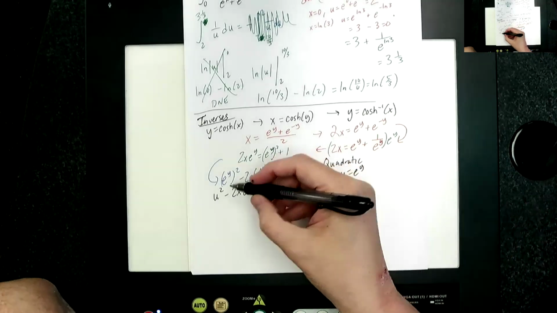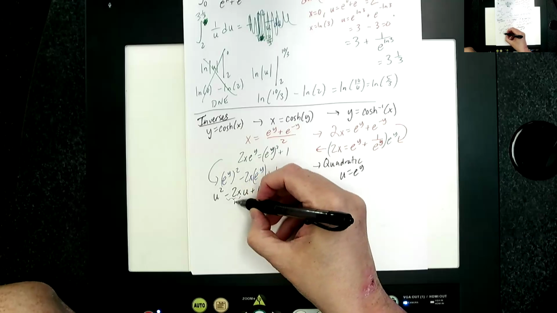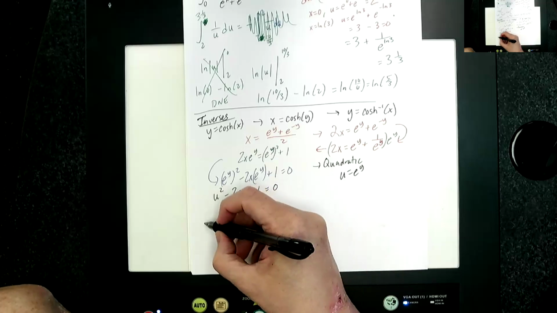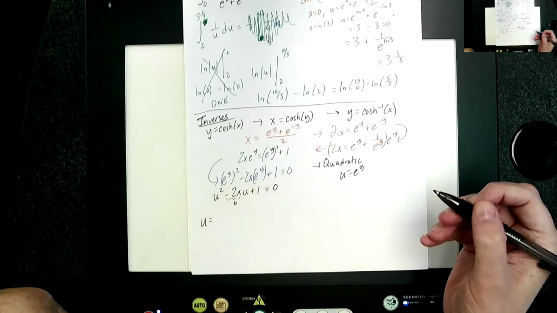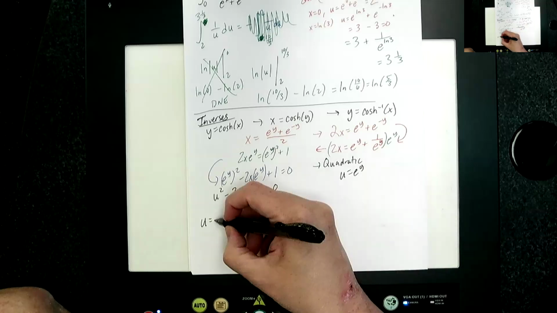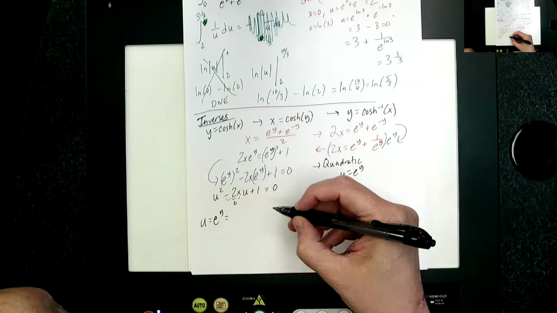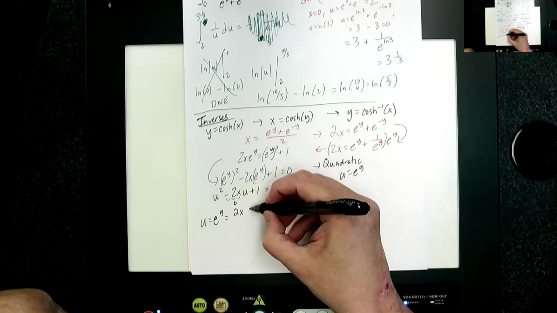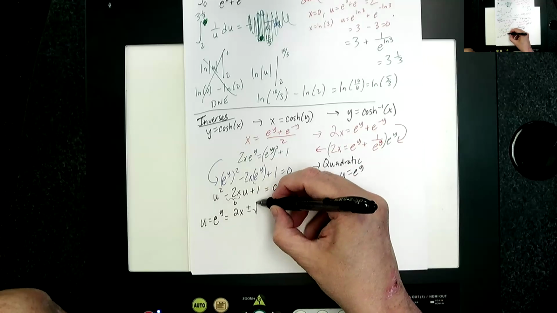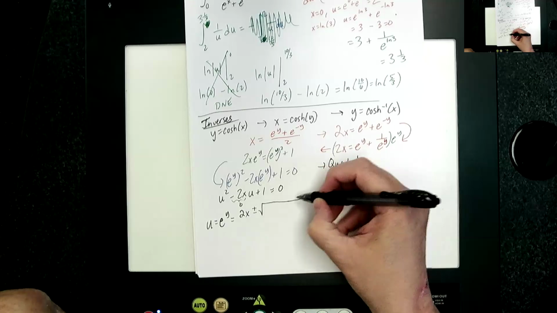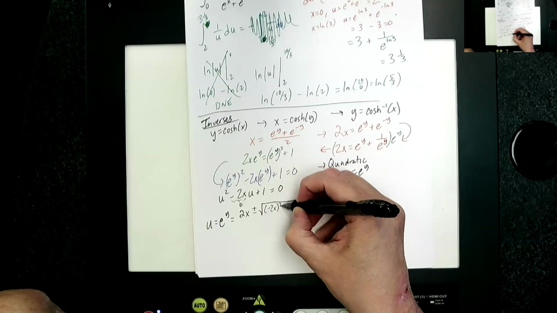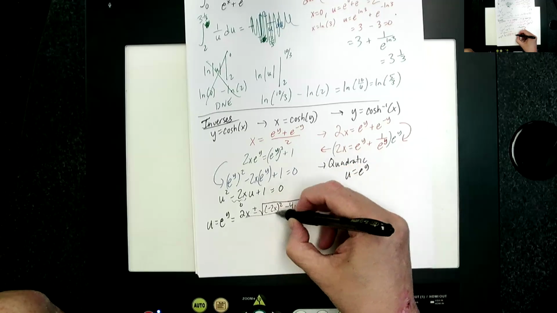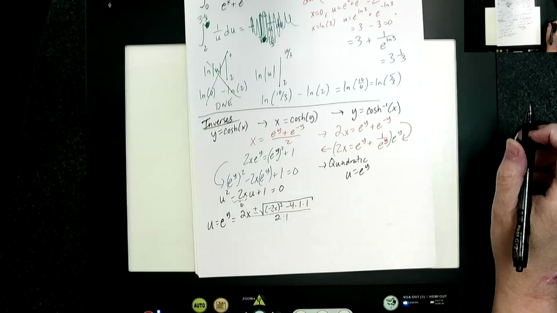And this is the whole b. So we can't factor, we're gonna have to do the quadratic formula. So u, which equals e to the y, equals negative b, which is positive 2x, plus or minus the square root of b squared, which is negative 2x squared, minus 4 times 1 times 1, all over 2 times 1.